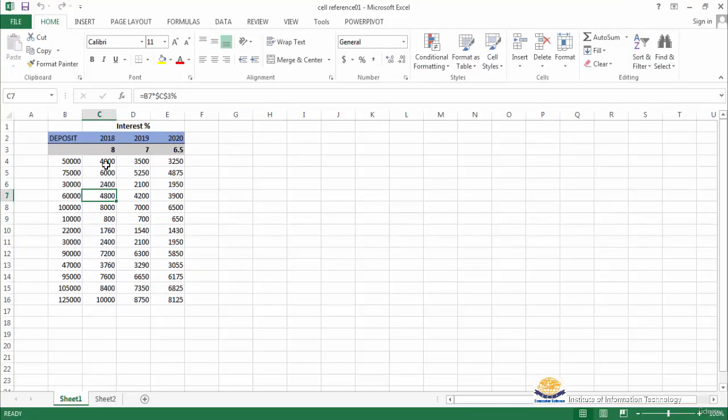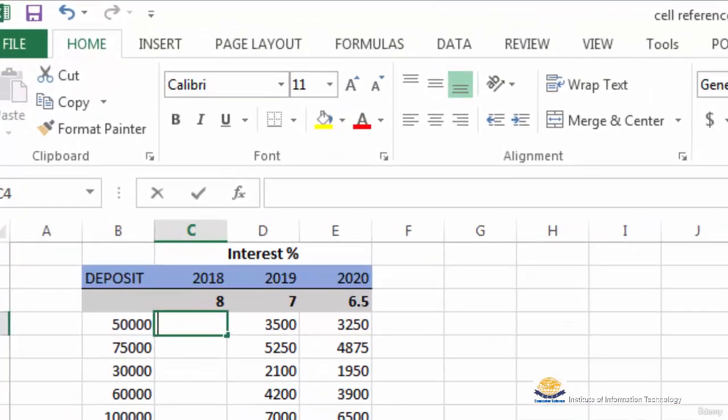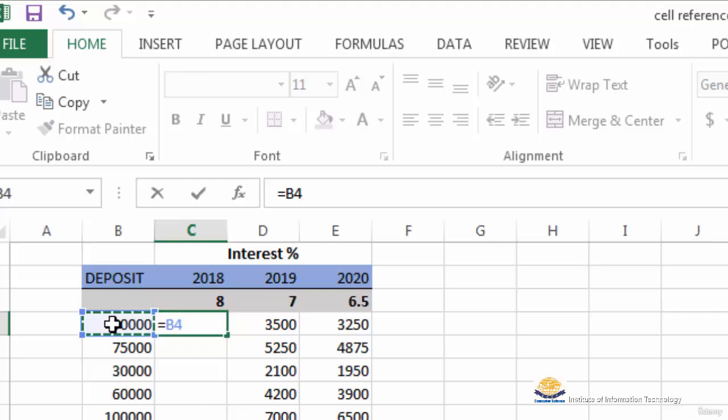Now I am removing these calculations and will show you how to do this. Press delete. It is deleted. Give an equal sign. Then click on the deposit. Then the multiplication symbol.